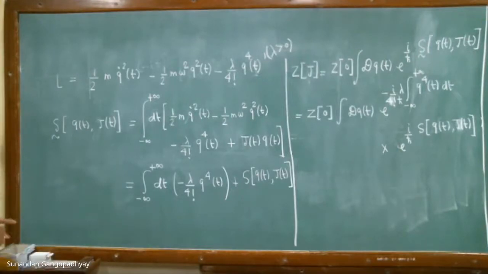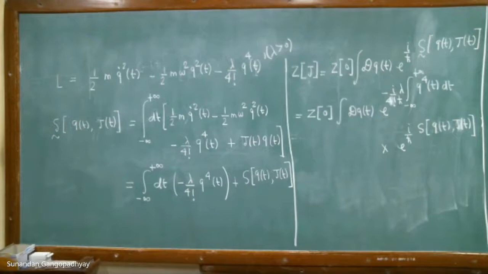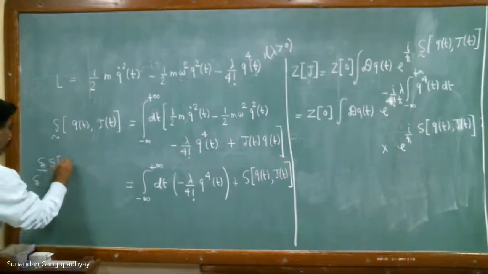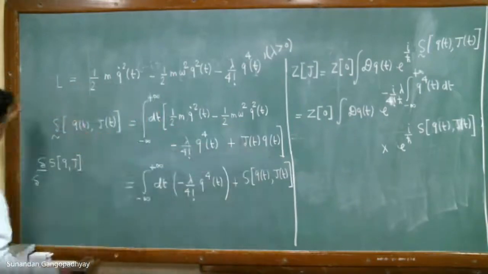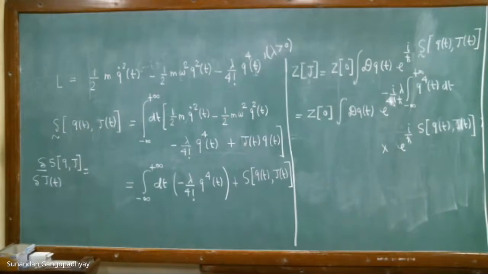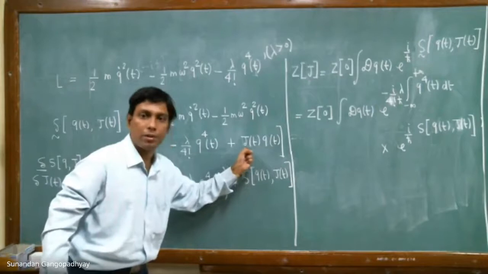Now, please note from this expression that if I functionally differentiate S[q, J], which is this part, this term and this term, with respect to J, then this term and this term will give no contribution because they do not contain any J. The only contribution will come from this term, if you functionally differentiate with respect to J over here.